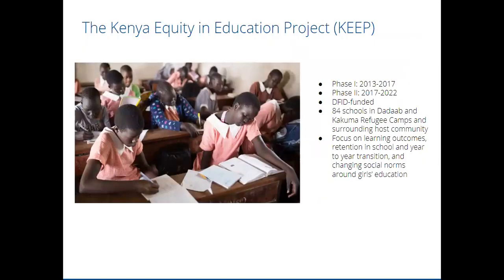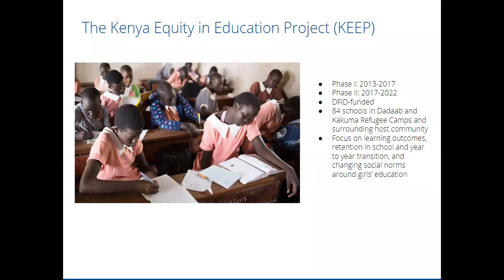I'm here today to talk about our experience with community mobilization in education and emergencies, specifically with our Kenya Equity and Education Project, KEEP. This project is currently in its 2nd phase. It is generously funded by DFID through the Girls Education Challenge. We work in 84 schools in Dadaab and Kakuma refugee camps, as well as the surrounding host community.